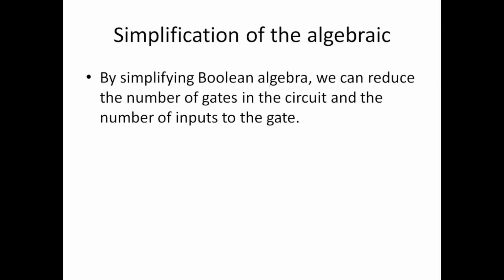The simplification reduces the number of gates, and the number of inputs to the gates is also reduced. So when the number of gates and inputs are reduced, the complexity of the circuit is reduced. That is the main purpose of simplifying Boolean functions.